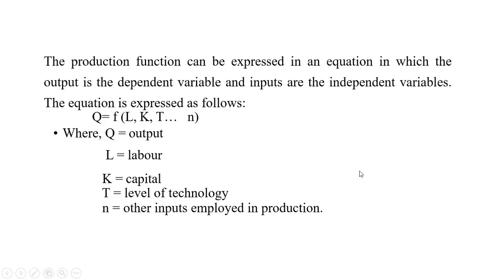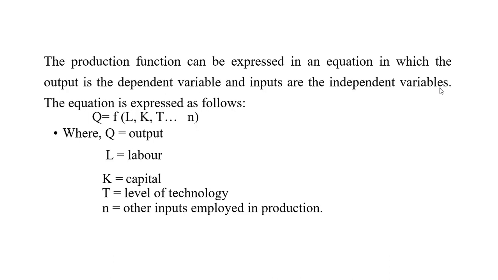Then next, it is saying the production function can be expressed in an equation in which the output is the dependent variable and inputs are independent variables. Now what is a dependent variable and an independent variable? Independent variables means when you are taking the combination of labor and capital, it depends on you whether you take more number of people or more number of capital.